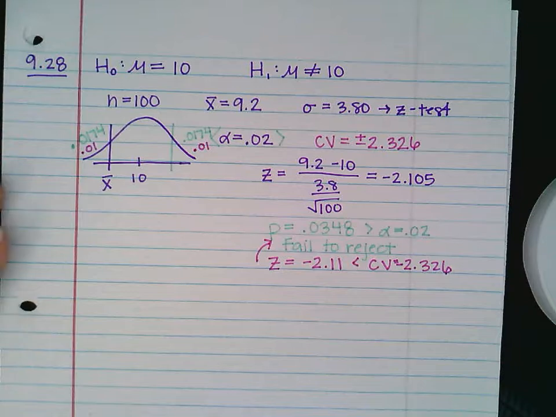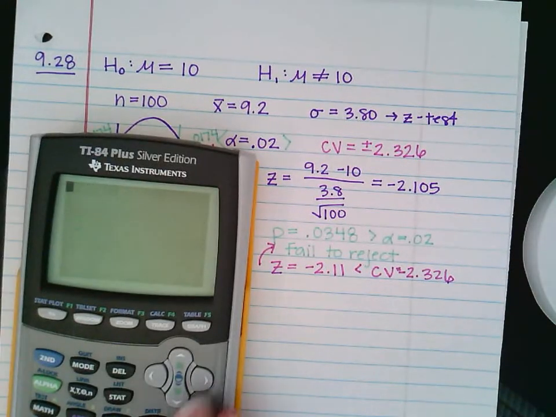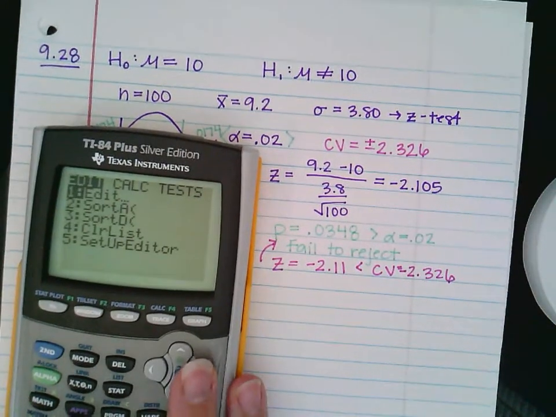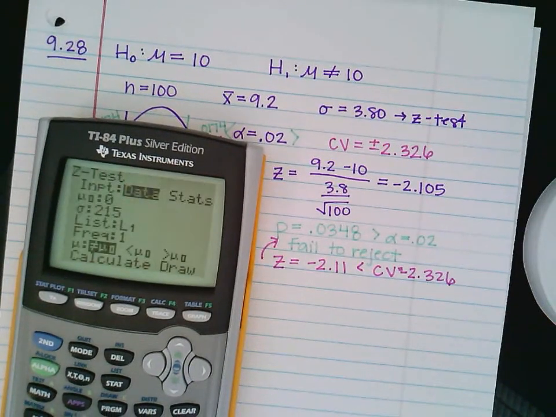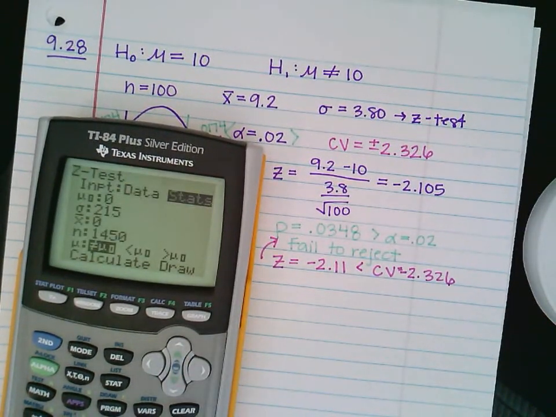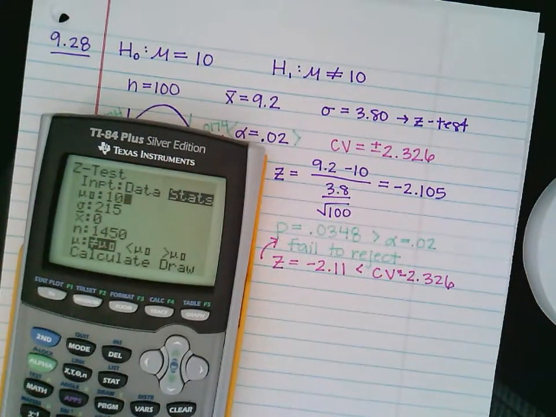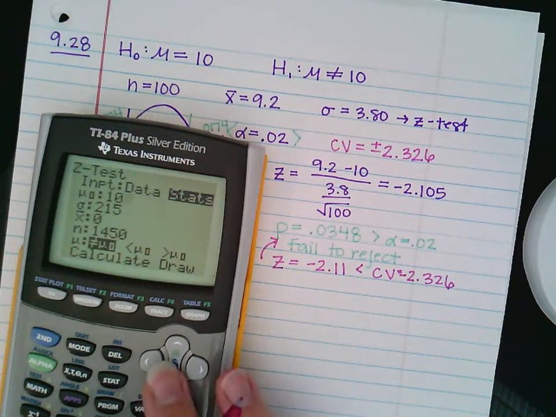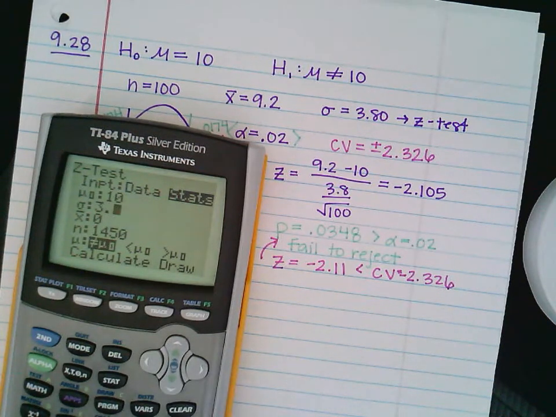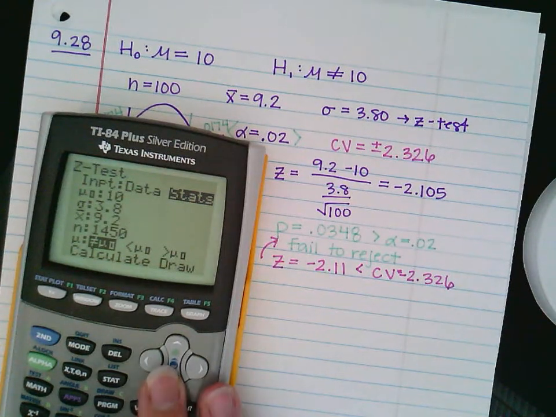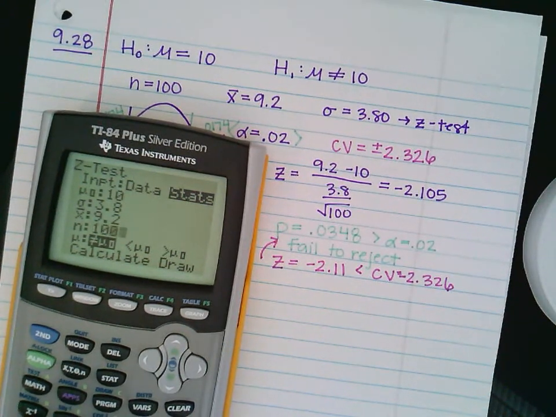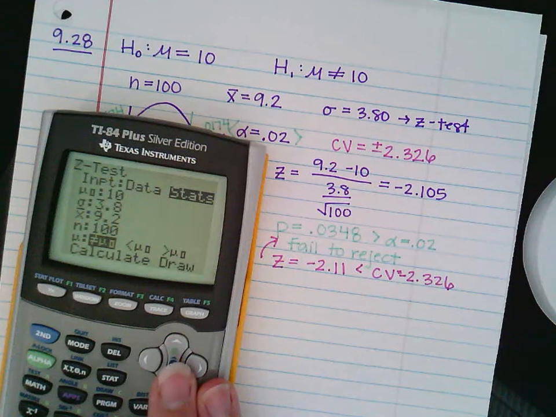Now this is how you would do it in your calculator. So if you go over to stat and you go over to tests, we're running a z-test here and we have the statistics. That's what we're going to be plugging in. Our mu naught, that's your H0, is 10. Our standard deviation is 3.8. Our mean is 9.2 and our n is 100. We're running not equal to.